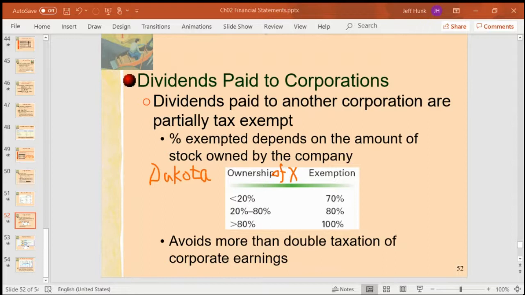They didn't say the dividend of which company, but from company X they receive dividends.